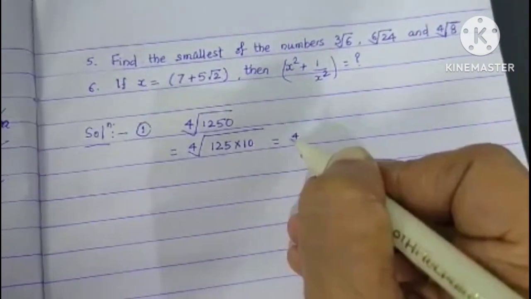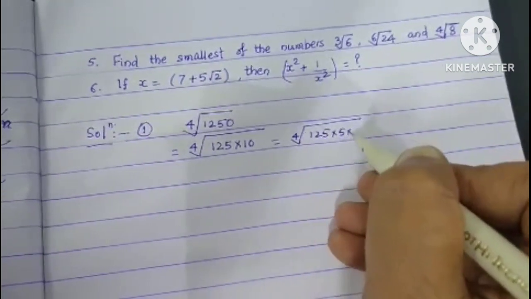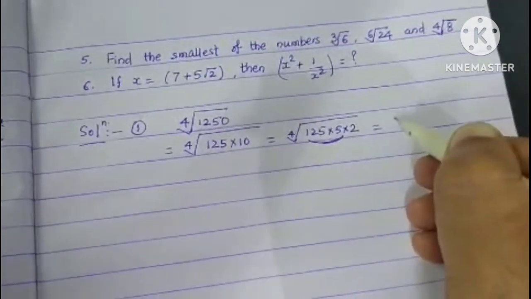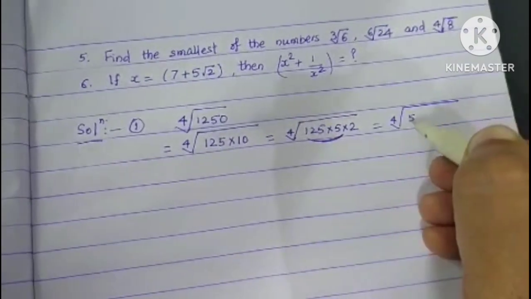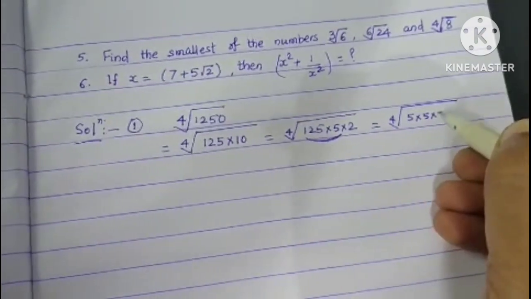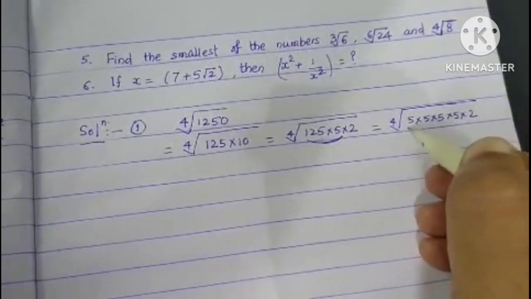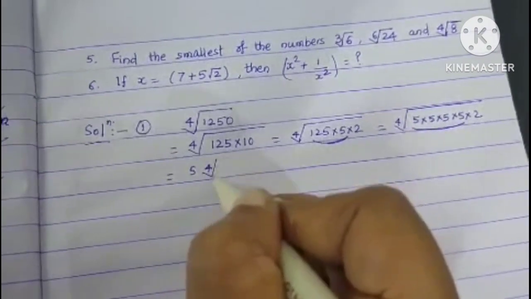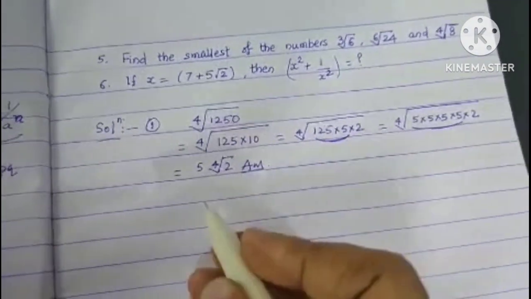We can further reduce it like 125 into 5 into 2, and this one is actually 5 to the power 4 if you break it like this, 125, 5, 5, 5, then remaining 5 multiplied by 2. So 1 5 will come out, that is equal to 5, and the remaining fourth root of 2 will be inside. So this will be our answer.